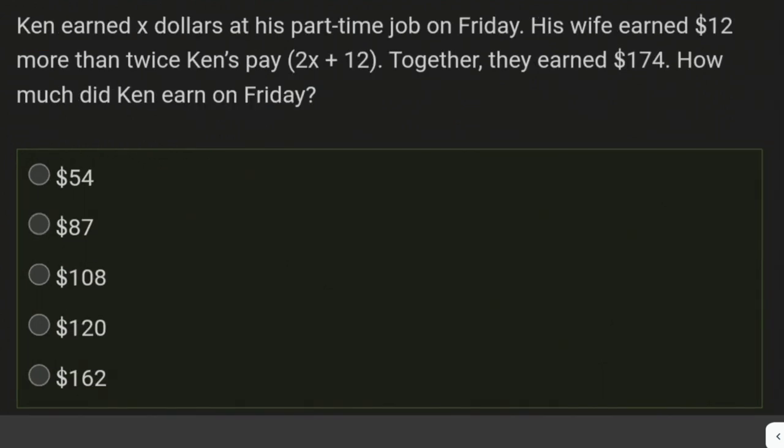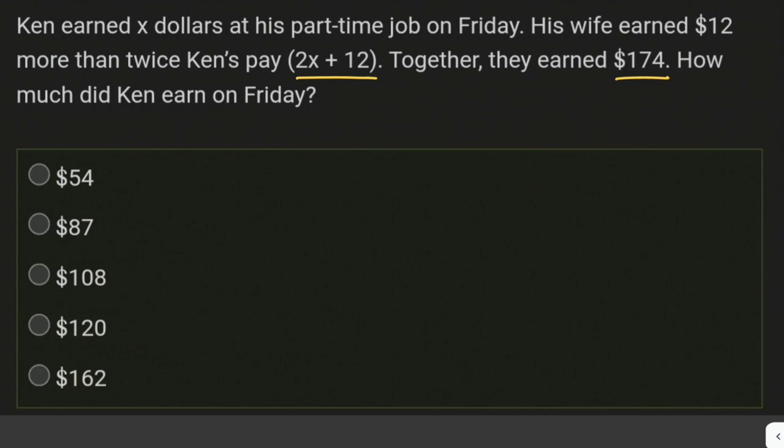Okay, let's solve another problem. Ken earned X dollars at his part-time job. On Friday, his wife earned $12 more than twice Ken's pay, which is 2x plus 12. Together they earned $174. How much did Ken earn on Friday?